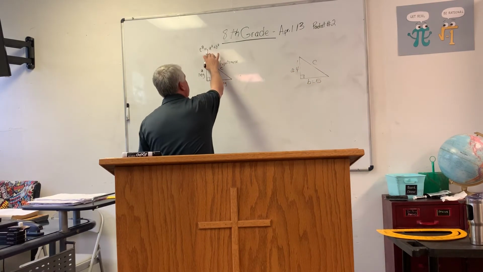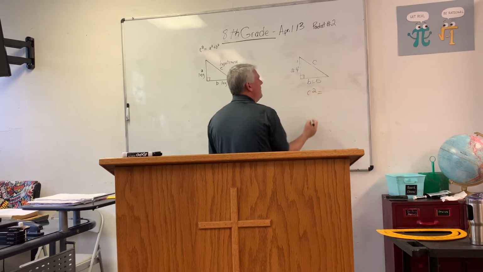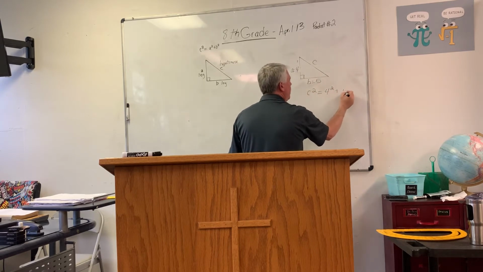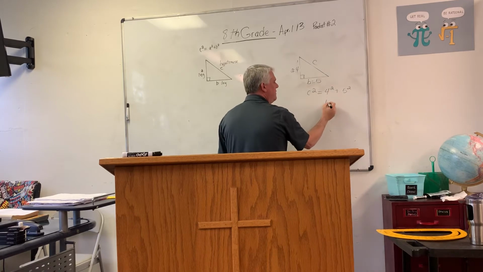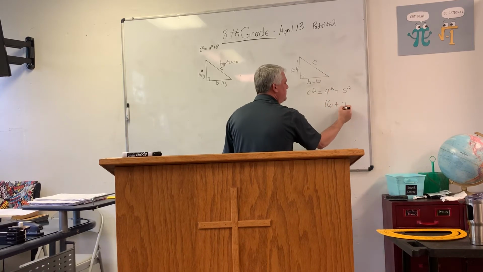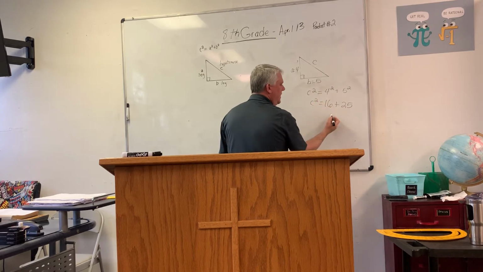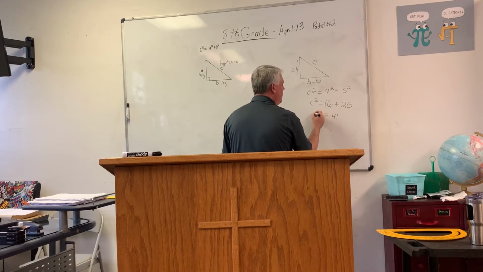Using the same formula, c squared equals 4 squared, which is a squared, plus 5 squared, which is b squared. I'm going to solve. 4 squared is 16 and 5 squared is 25. Okay, add these two together. 16 plus 25 is 41.